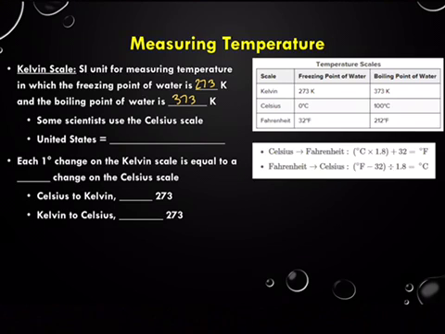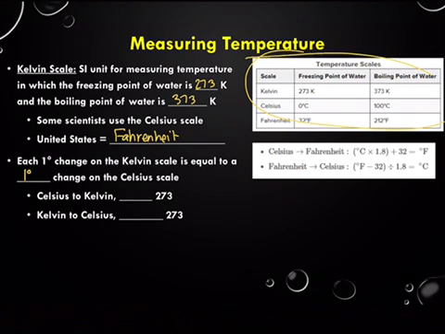And so some scientists will still use the Celsius scale, and then the good old United States still uses Fahrenheit. This table over here shows you how the different freezing points and boiling points of water vary between the 3 different temperature scales.